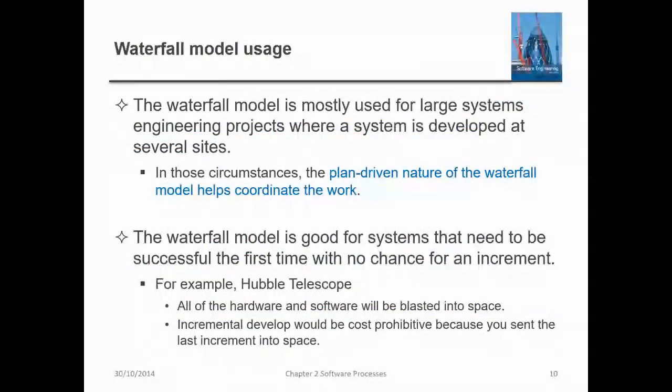For its use today, I would imagine my colleagues back at IBM, who I don't keep in touch with anymore, probably have somewhat of a waterfall model still in place, because there's not much chance for an increment when your hardware and software will be blasted into space.